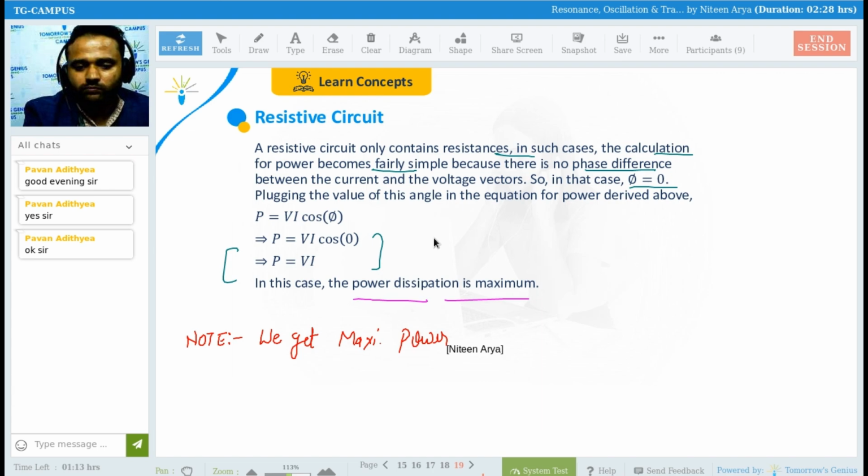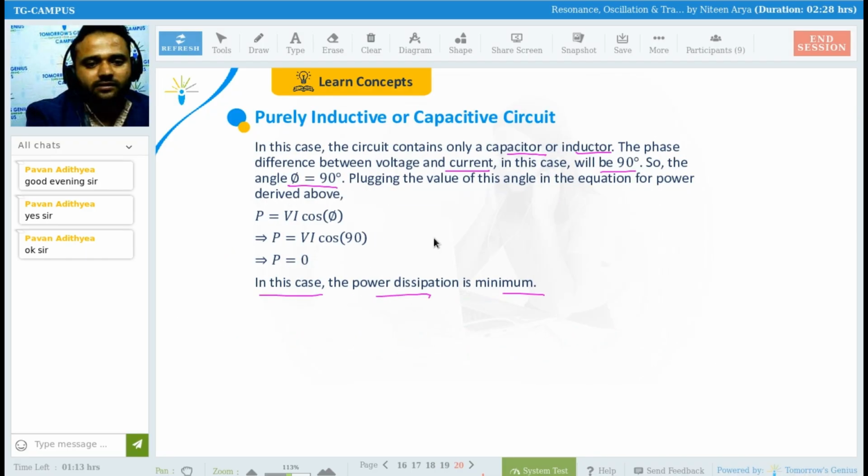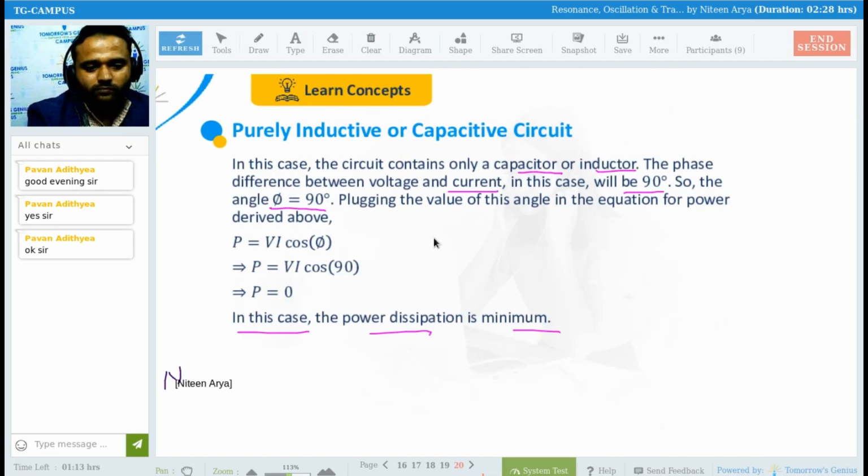We get maximum power in a purely resistive circuit. So this is one case. Another case is minimum power.